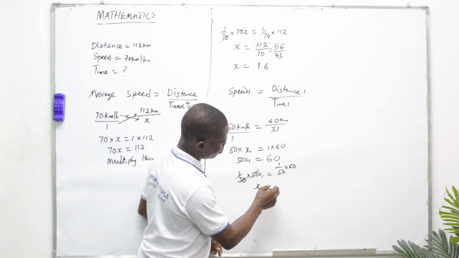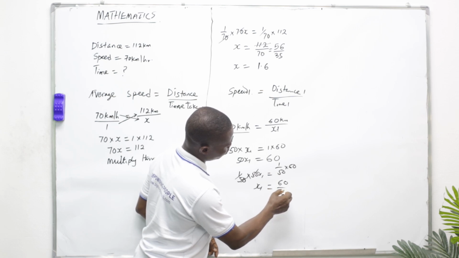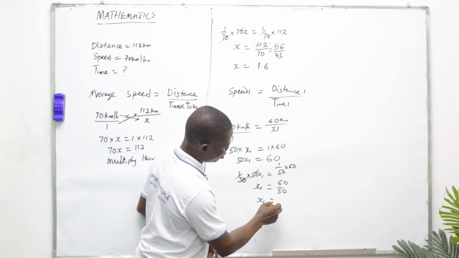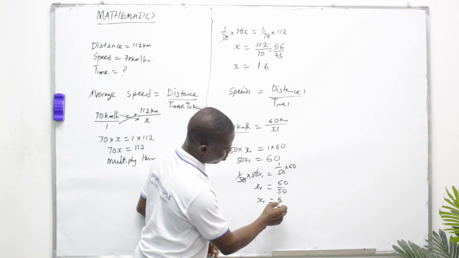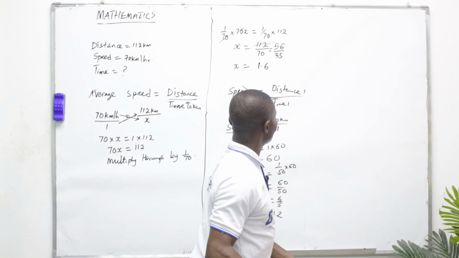So x1 equals 60 all over 50. x1 equals 6 all over 5, which will give us 1.2.